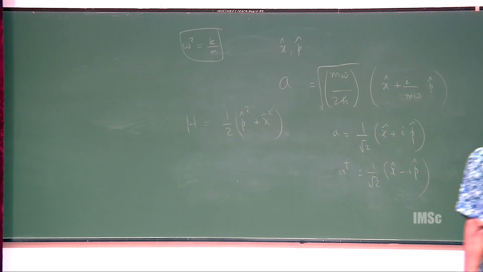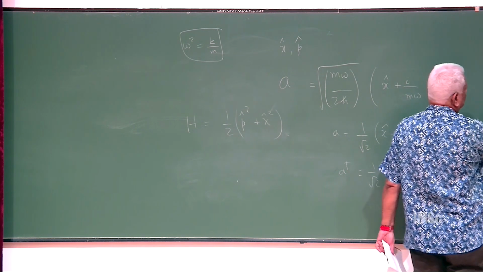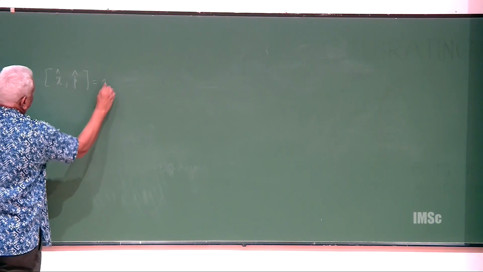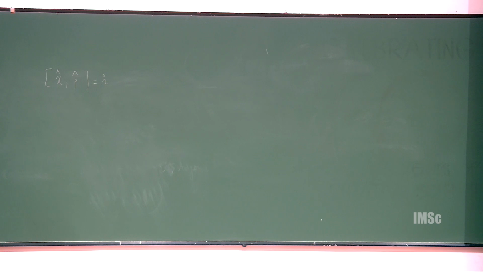Now, we know that the commutator of the x operator and the p hat operator is i. I have taken h bar as 1. That's what your Heisenberg commutation relations tell you. So I can find out what the commutator of A and A dagger is.